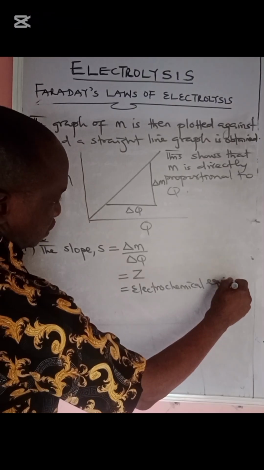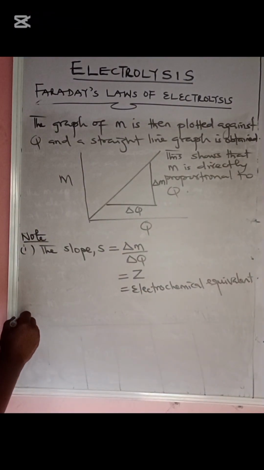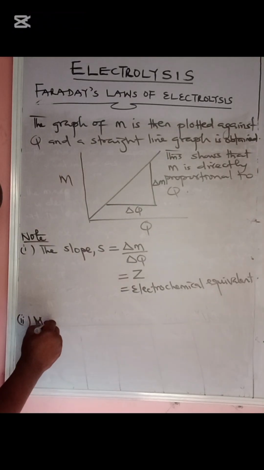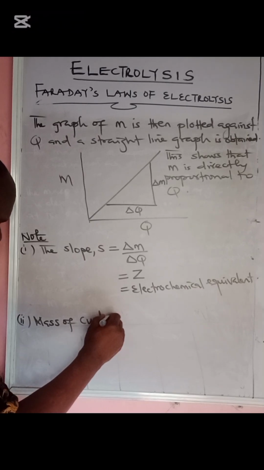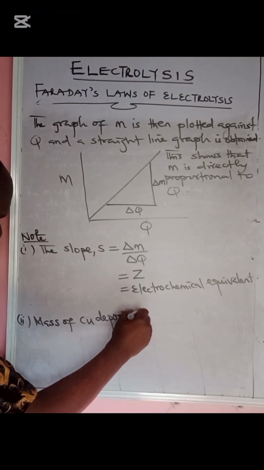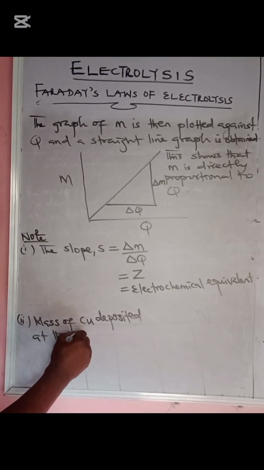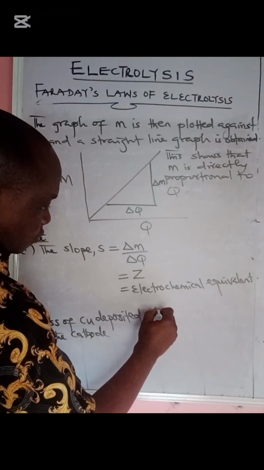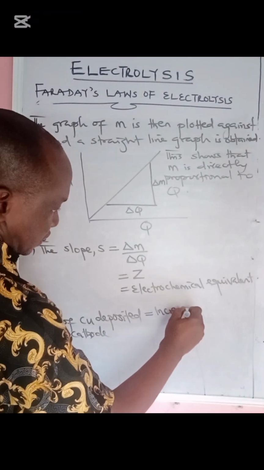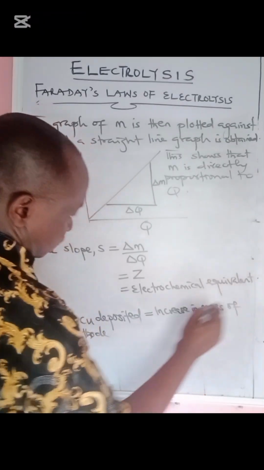That is one. Two, mass of copper deposited at the cathode is equal to increase in mass of copper cathode.